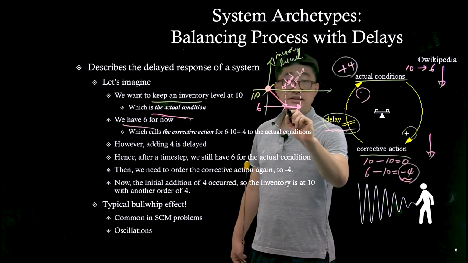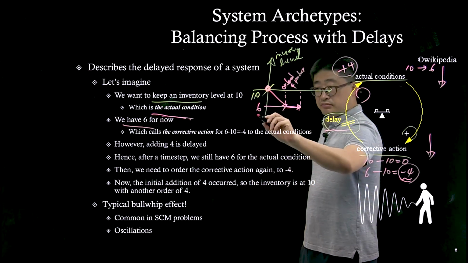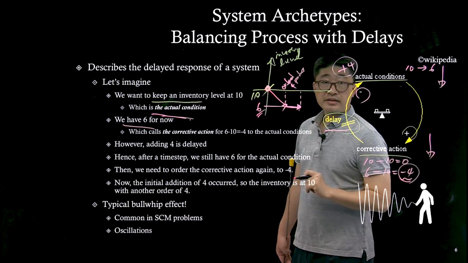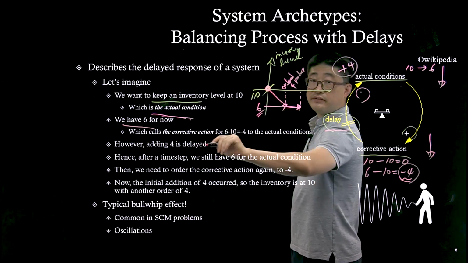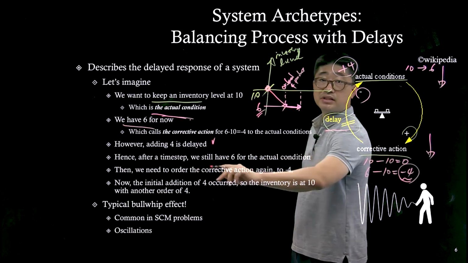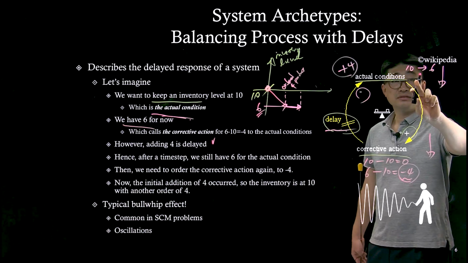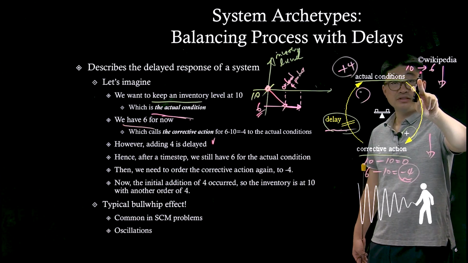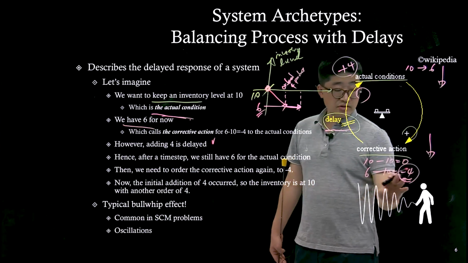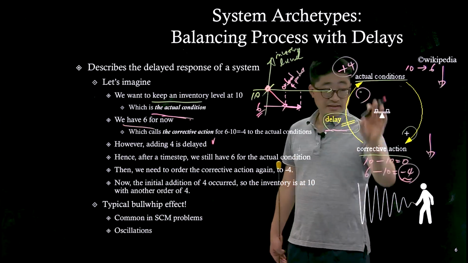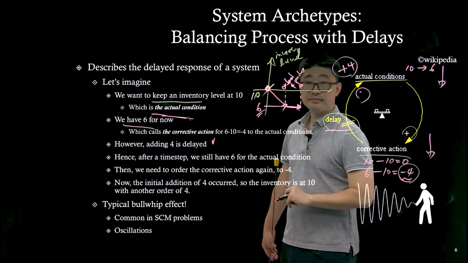We were not able to sell our products, so our inventory is maintained at 6. However, adding 4 is being delayed. After a time step, we still have 6 in our actual condition, and it means that it is still not compensated. So the ordering of 4 remains.